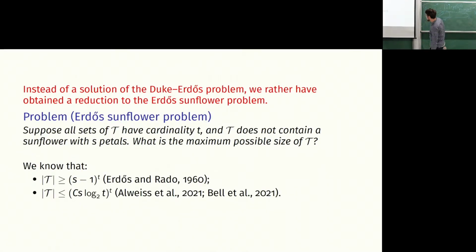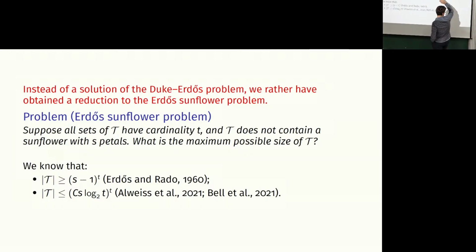So I would like to say that we obtained not a solution of the Duke-Erdős problem, but its reduction to the Erdős sunflower problem, the problem of determining phi S T. So finding the largest family T that doesn't contain a sunflower with S petals.